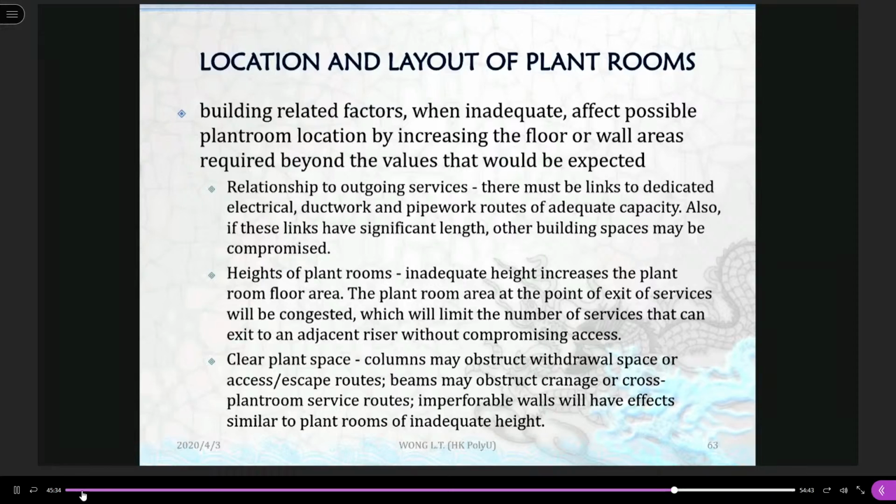Okay, special requirements such as the relationship to outgoing services. So we need to know how the system is arranged. To give an example, the main centralized chiller plants, big chillers, require electricity. How do we arrange the electrical cables to supply this heavy loading?